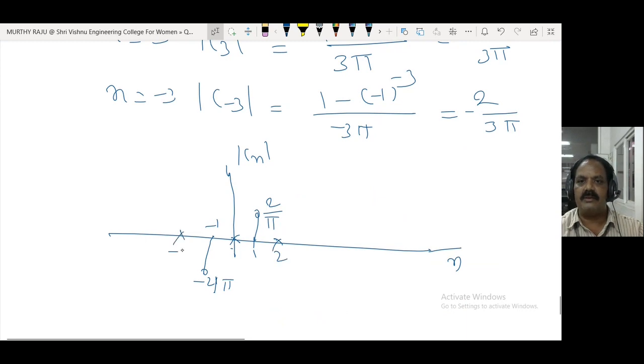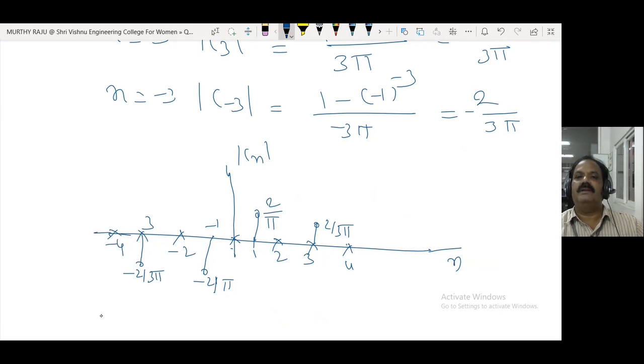N is equal to minus 2, the value is 0. N is equal to 3, 2 by 3 pi. N is equal to minus 3, minus 2 by 3 pi. N is equal to 4 means 0. N is equal to minus 4 is also 0. With this, the total analysis is completed.